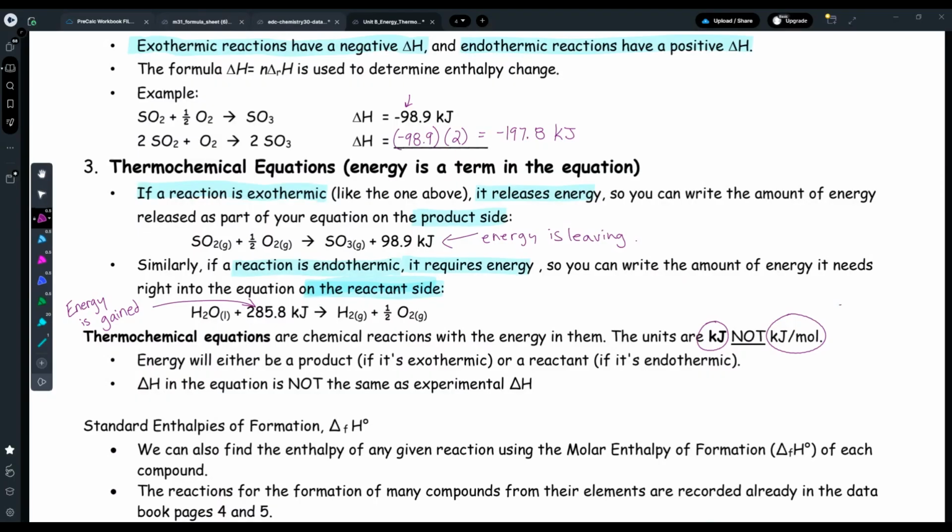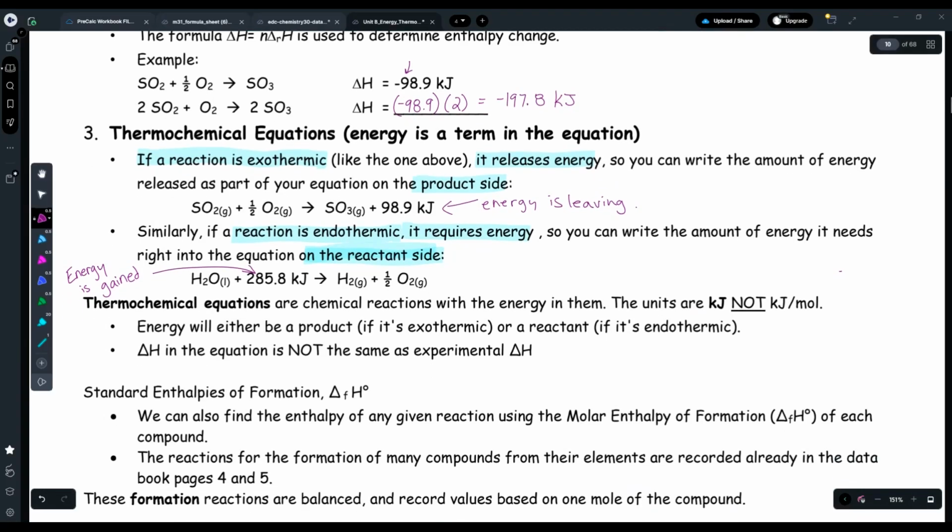Molar enthalpy only talks about one specific substance in the reaction, whereas change in enthalpy talks about the energy changes happening in the reaction as a whole. So energy is either going to be a product if you're talking about an exothermic reaction, or a reactant if you're talking about an endothermic reaction.